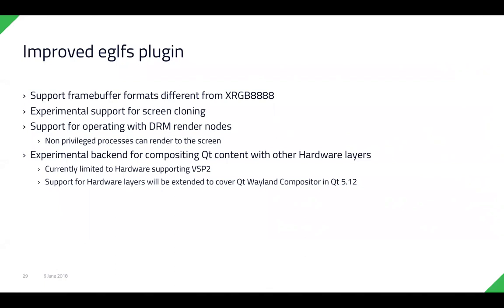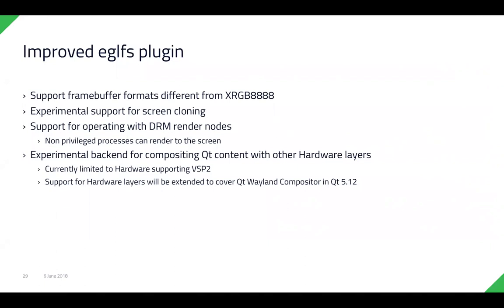We can support ARGB with alpha channel. We now also support RGB 565, so a 16-bit color depth, which is helpful especially for low-end embedded devices where you don't have as much memory available. We have some experimental support for screen cloning, so you can clone the screen that you're seeing and show it on a second screen as well.